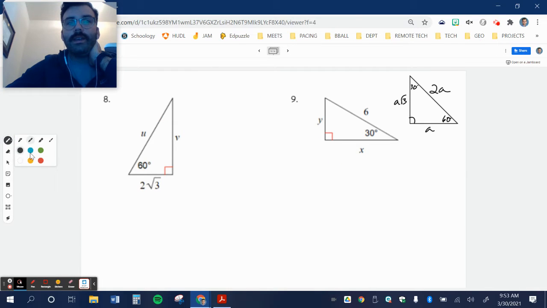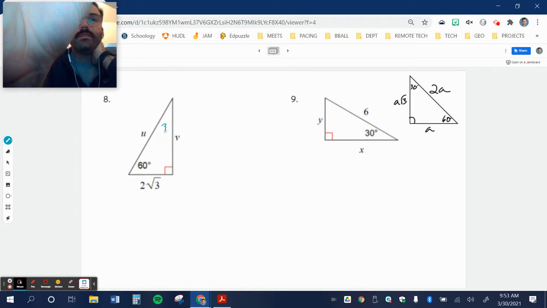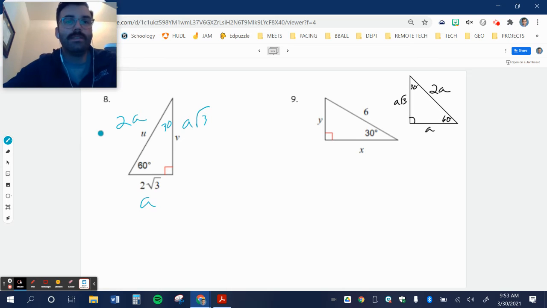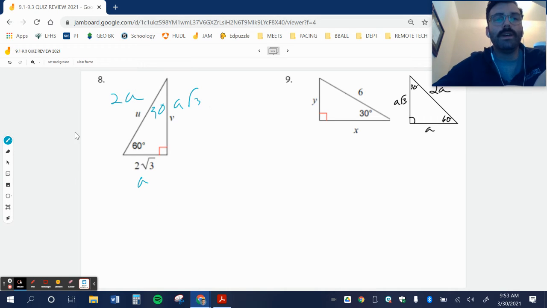Let's keep going. Again, label your sides right away. This is obviously 30. So this is our A side, this is our A radical 3 side, and this is 2A. Well, you'll recognize in this problem that across from 30 is 2 radical 3.